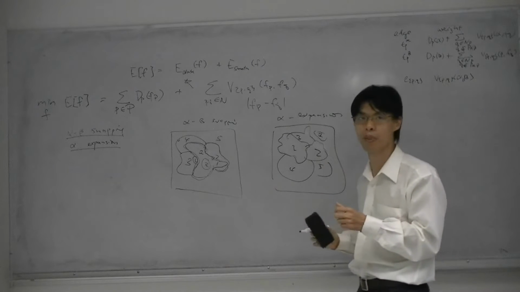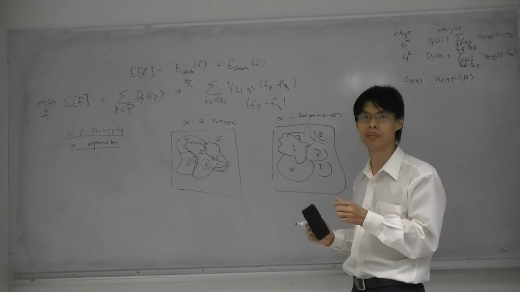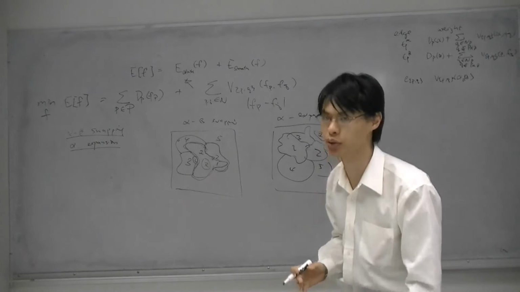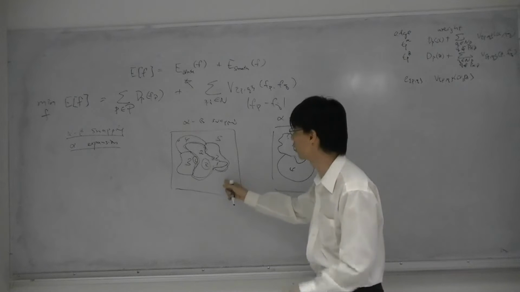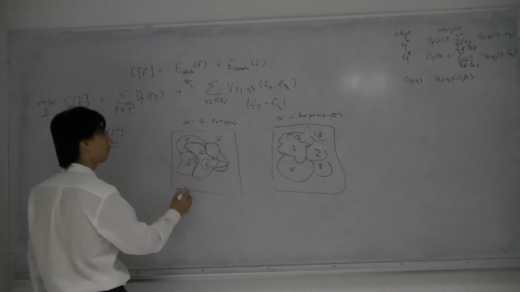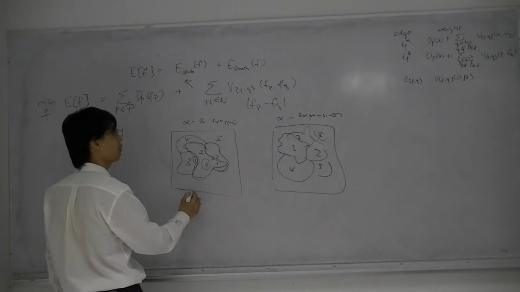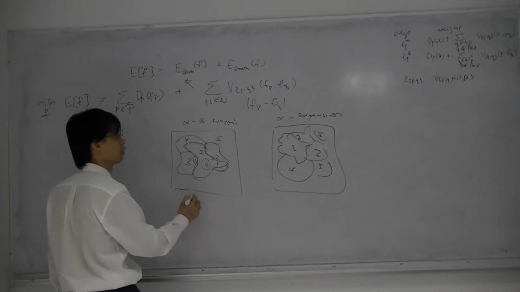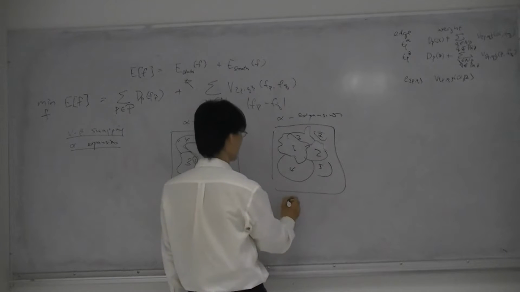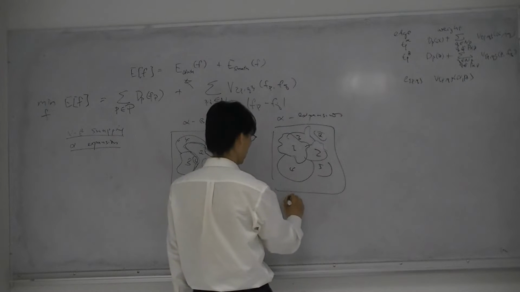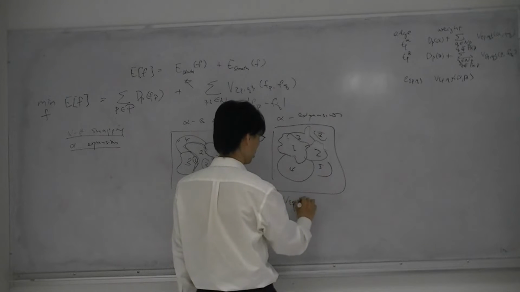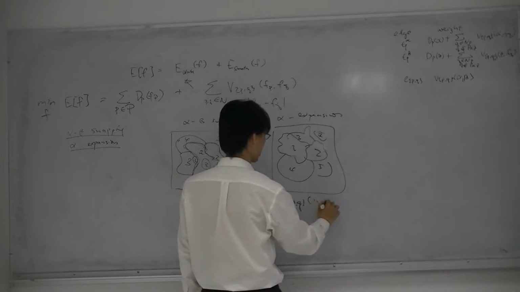Excuse me, what's the advantage of this, for example, swapping over expansion? Actually, there's no advantage for swapping. Okay, I need to get into a little bit of detail. Swapping is a bit more general, in the sense that for alpha expansion you need an assumption: you need to assume V_pq is a metric.